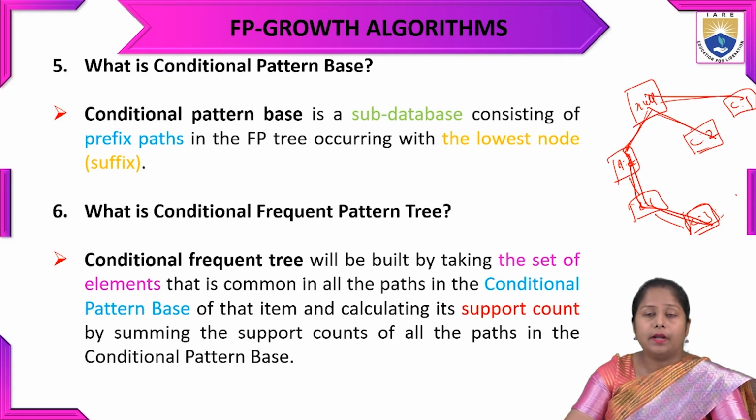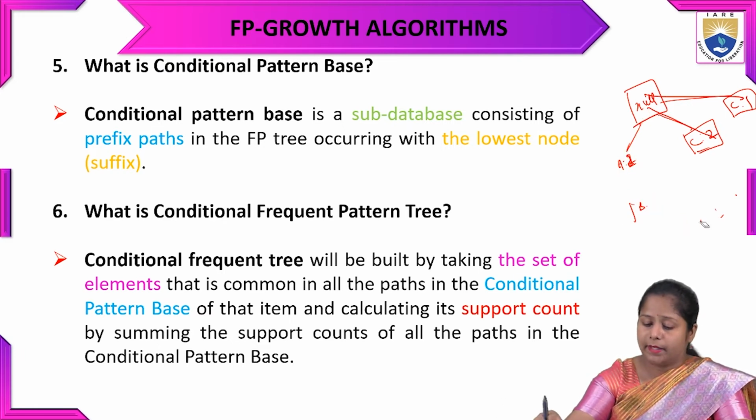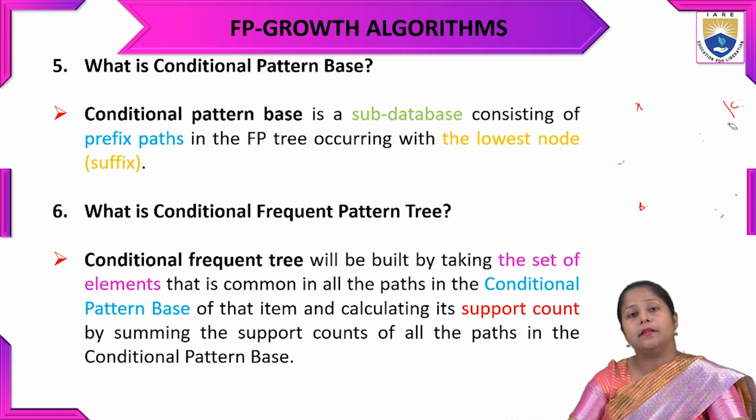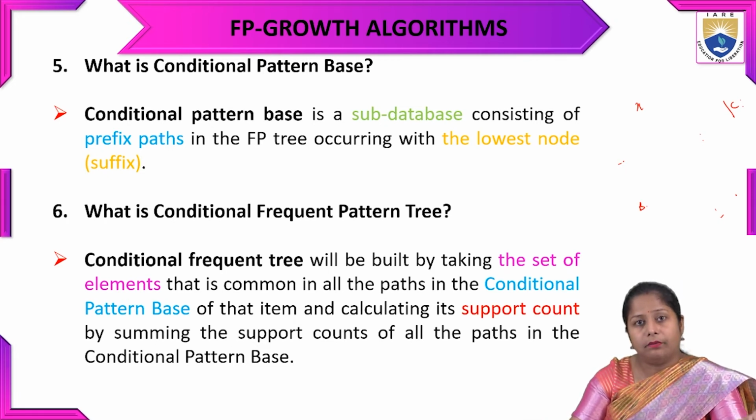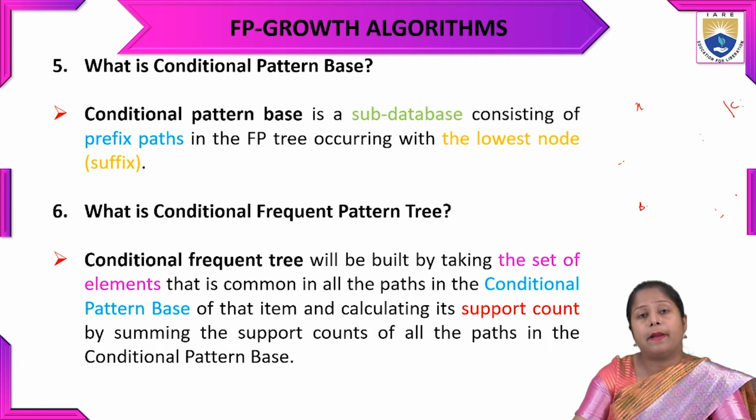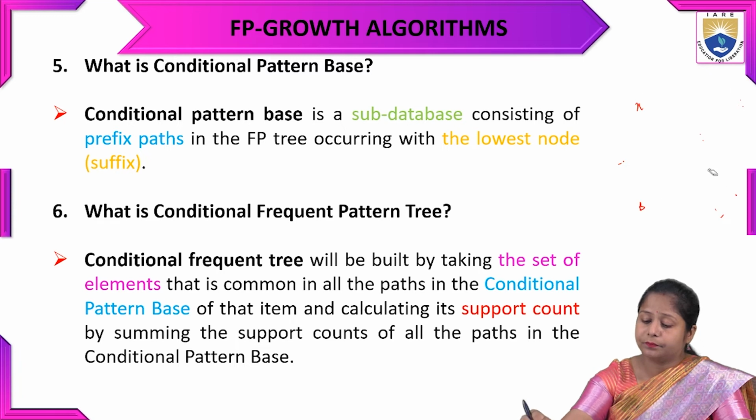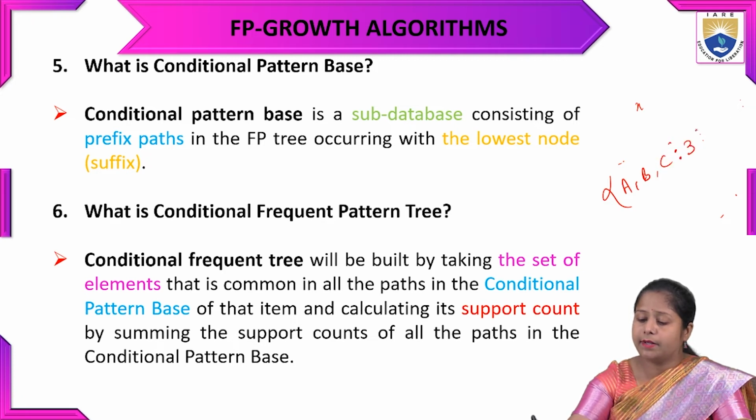That will be the set of elements common to all the paths in the conditional pattern base, for that particular item. We have to calculate the support by adding and counting the support for all the paths in the conditional pattern base. So we write all the items like this: if A, B, and C were there, we write 3, then C2, C1, separated by commas.